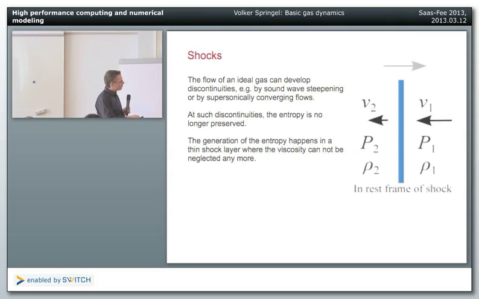Now, if I make this interface very thin, infinitesimally thin, you would say, well, then due to continuity, if the flow is smooth, these quantities must be the same as the quantities with the index 1, upstream.